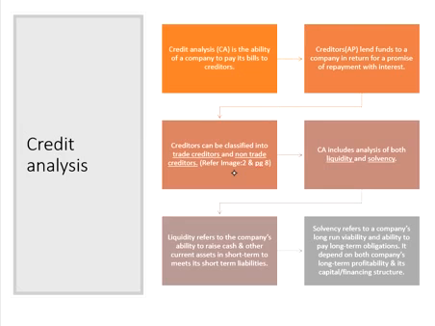Okay. So credit analysis include analysis of both liquidity and solvency. Liquidity refers to the company's ability to raise cash and other current assets in short term to meet its short term liabilities. Itu ialah liquidity.